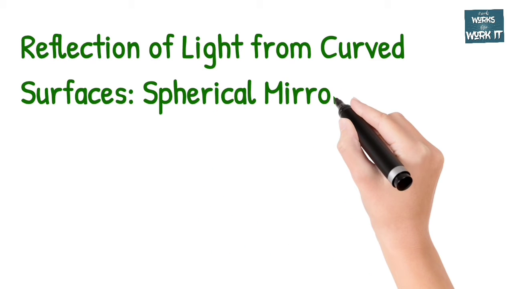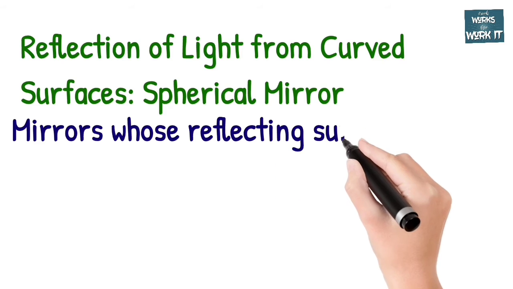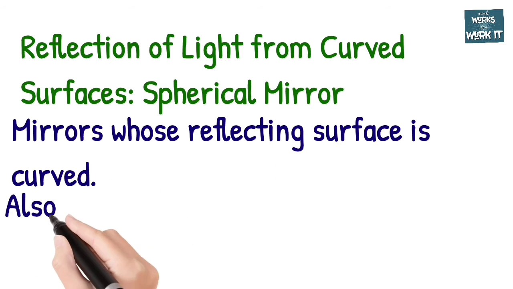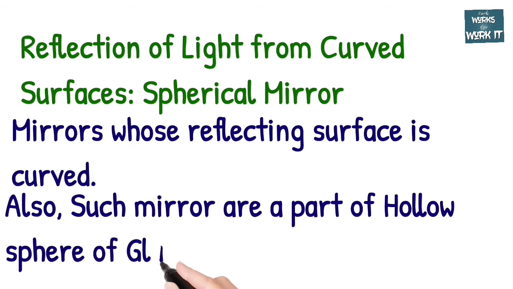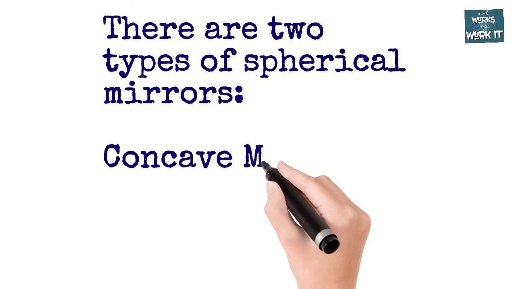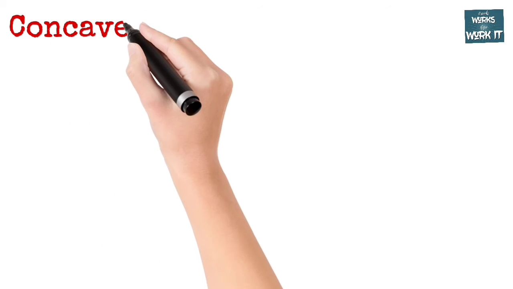Next we will discuss the reflection of light from curved surfaces, that is, spherical mirrors. A spherical mirror is a mirror whose reflecting surface is curved. Such mirrors are also a part of a hollow sphere of glass. There are two types of spherical mirrors: number one, concave mirror; number two, convex mirror.